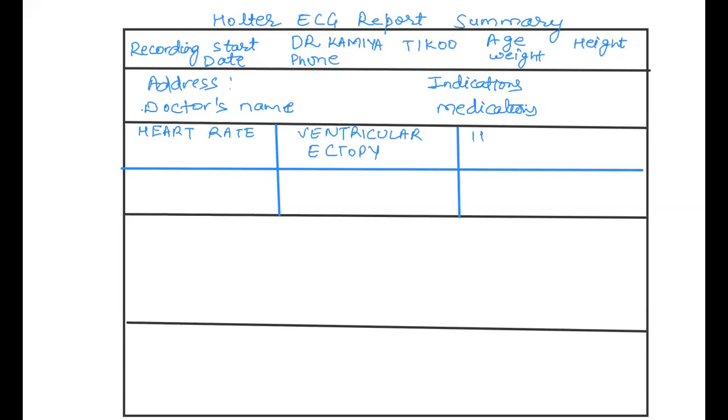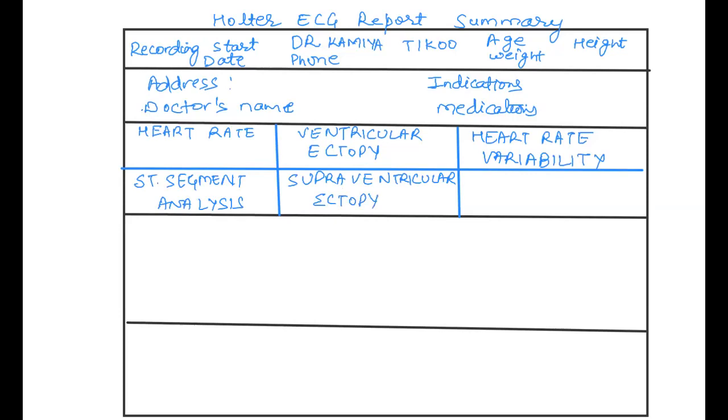And we measure heart rate variability. In the lower ones, segment analysis, supraventricular ectopy, and bradycardia.